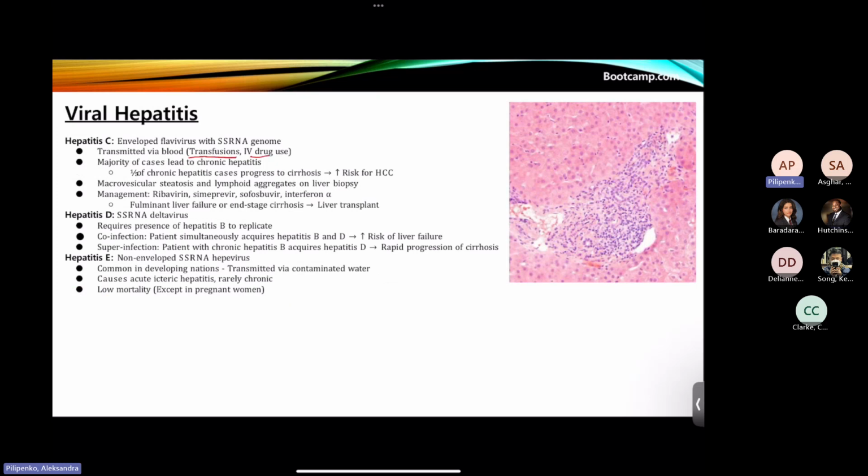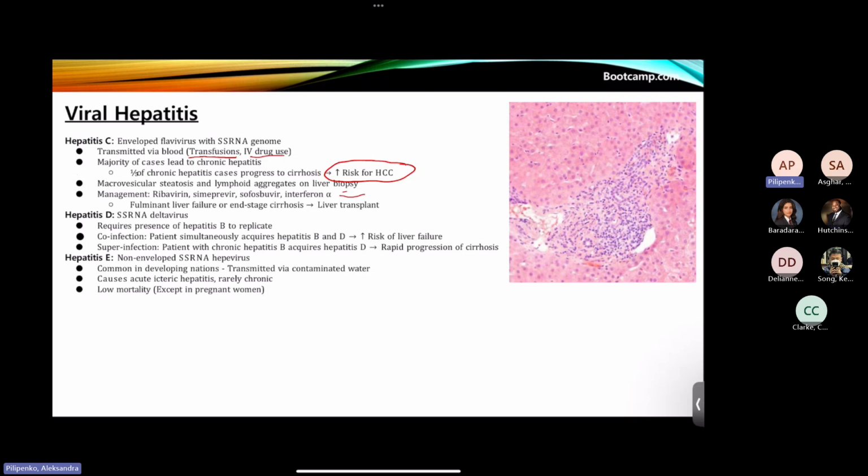So if the patient had a remote history of blood transfusion, right, like somewhere in 1990s and before that, that's where blood was not tested for hepatitis C. So a lot of people who got blood transfusion in that time, there is a chance that they have hepatitis C. And high yield to know that hepatitis C is associated with carcinoma of the liver. Okay, also you will learn about the management for hepatitis C.